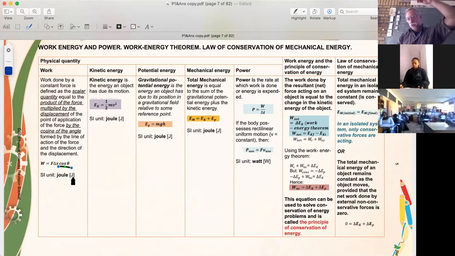If you are moving in a certain direction, let's say you're moving down, and there's a frictional force in the opposite direction, cos theta is the difference between the force and the direction that you're moving. So if the force is moving in the same direction as you're moving, then theta is 0. But say you've got frictional force, then friction is at 180. So now you're going to get cos 180. And that cos 180, if you type it into your calculator, gives you -1.